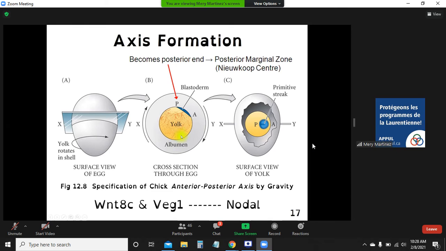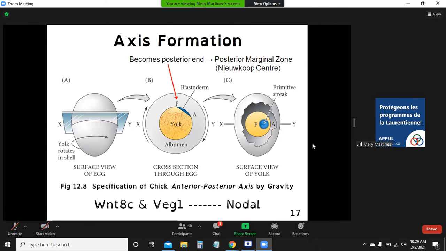This side, normally the one that we have in here, of the blastoderm is elevated and becomes the posterior portion of the embryo, where the primitive streak forms at the beginning. Okay, and that portion of the blastoderm becomes something that we're going to call, we're going to see that later, the posterior marginal zone.